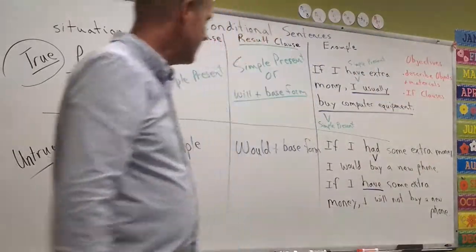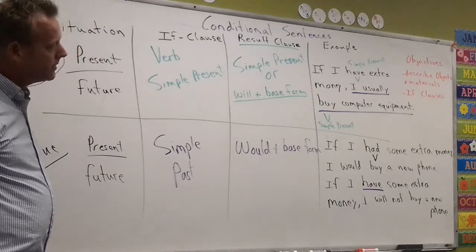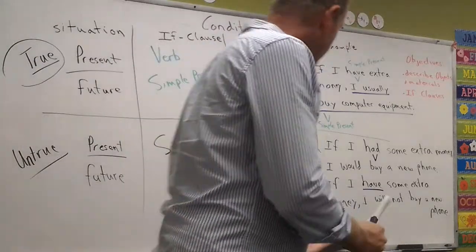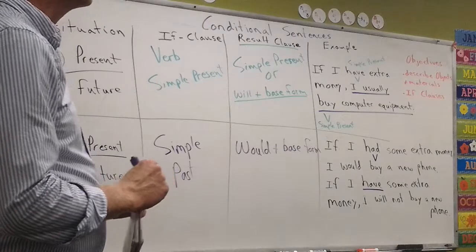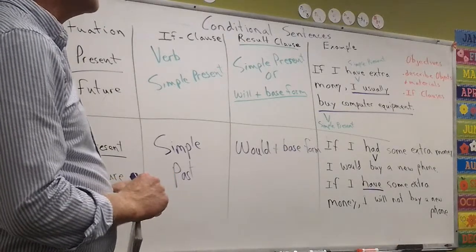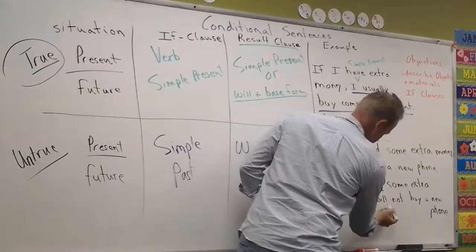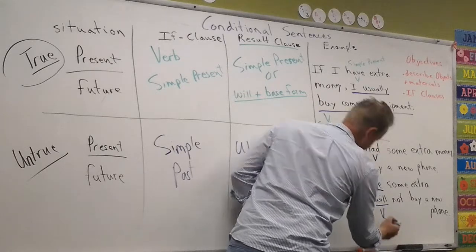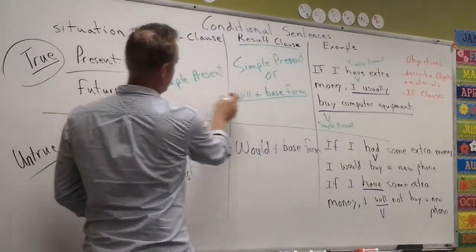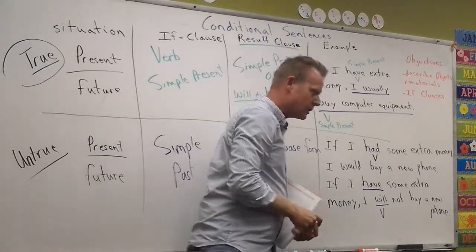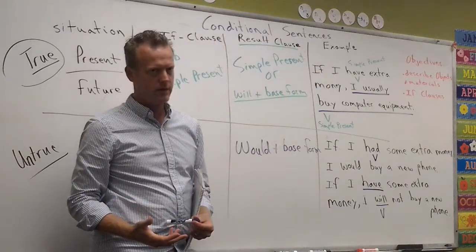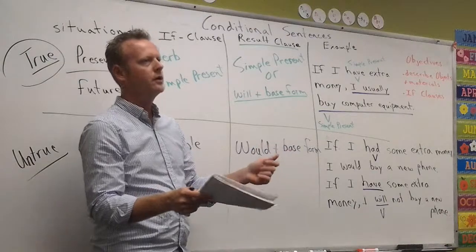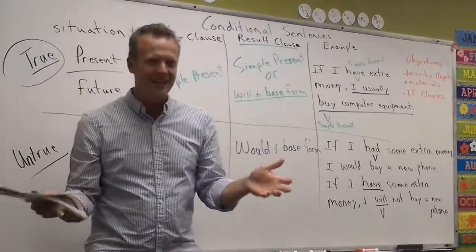Teacher, the thing that makes me confused is it's the same meaning. If I have or if I had, the same result. Well, listen, that's interesting. Let's look at the two sentences. Here's your verb, it's future. So you're using a true statement in the future. Again, you're talking about your intentions. You've got to look at it like, if this situation were true, this is truly what I would do.